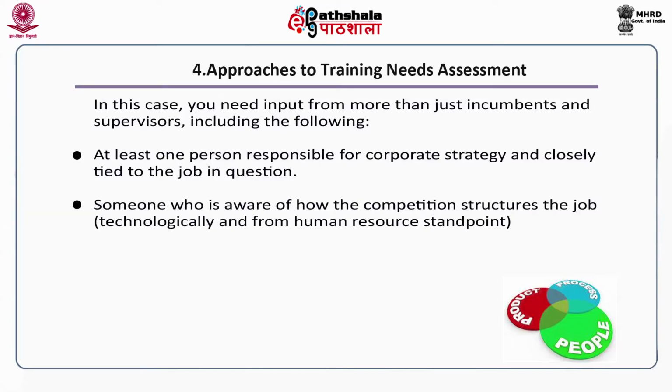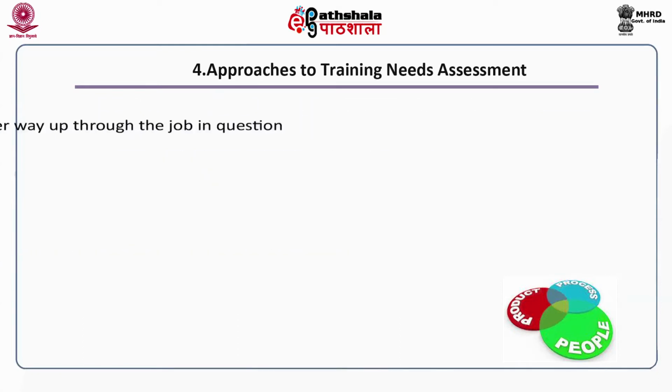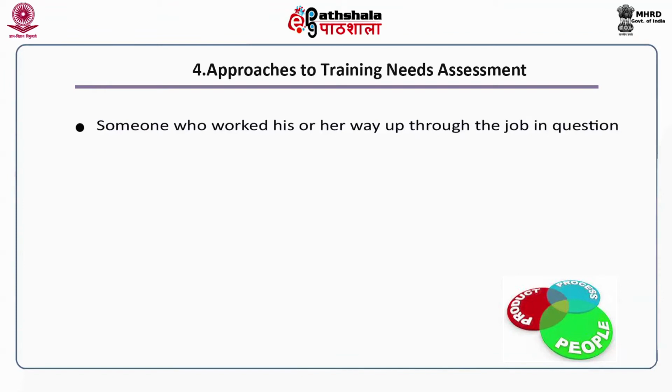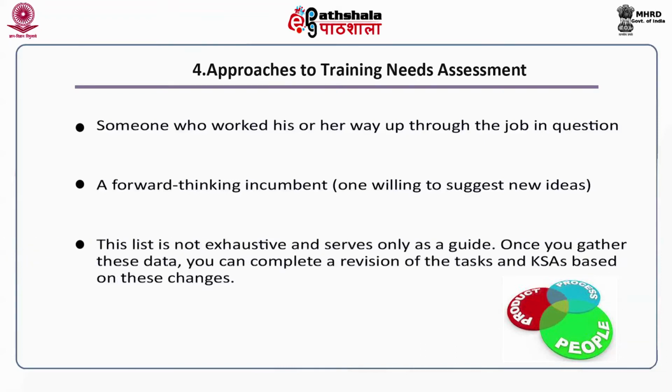Someone who is aware of the competition, the structure, and the job, technologically and from a human resource standpoint. An efficiency expert, someone who worked his or her way up through the job in question. A forward-thinking incumbent, one who is willing to suggest new ideas. However, this list is not exhaustive and serves only as a guide. Once you gather these data, you can complete a revision of the task and KSAs based on these changes.